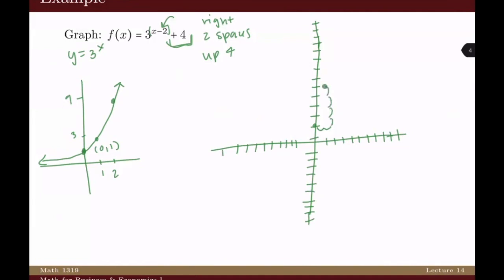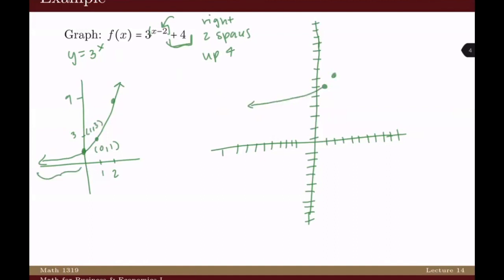All right, so we know this is where my graph starts to decline, this bit of the graph. And then we can also transform 1, 3. We are at 1, 3, which is here. We want to go right 2 and then up 4, which is going to be here.